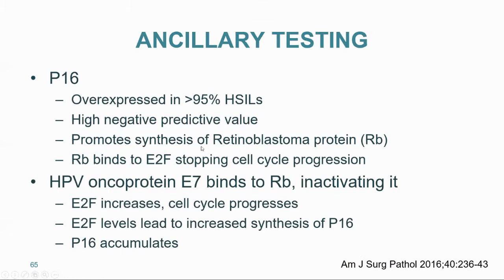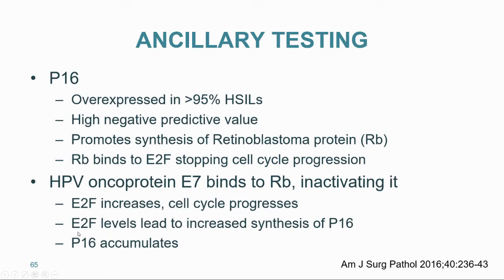P16 promotes synthesis of the retinoblastoma protein, or RB, which in turn binds to the molecule E2F to stop cell cycle progression. And that's why high-risk HPV is oncogenic in nature, because by binding to RB, the oncoprotein E7 produced by HPV inactivates RB, therefore causing an increase of the molecule E2F, which will promote the cell into going to subsequent cell cycles.